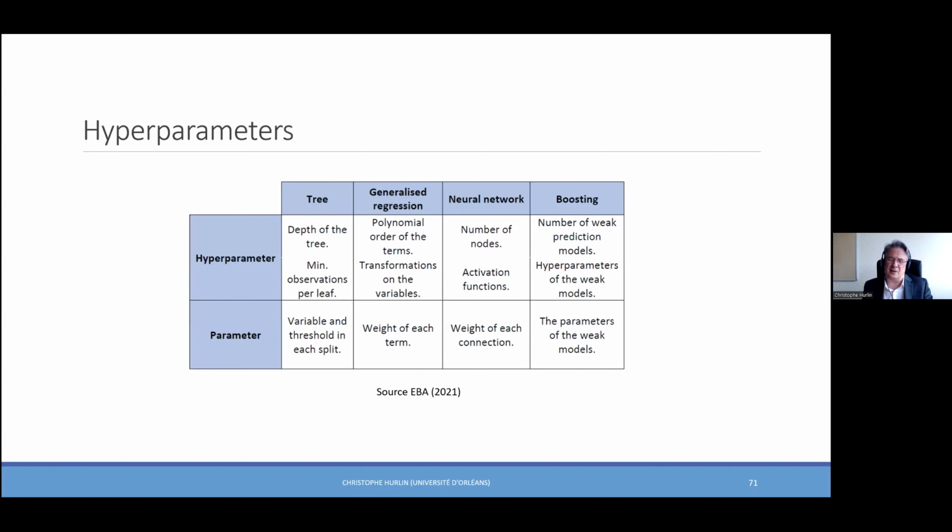So for instance, this is a type of hyperparameters and parameters for different machine learning algorithms. But at this stage, I consider that you don't know what these algorithms are.